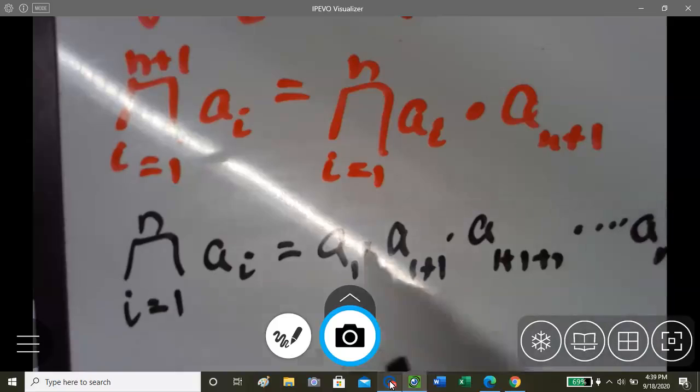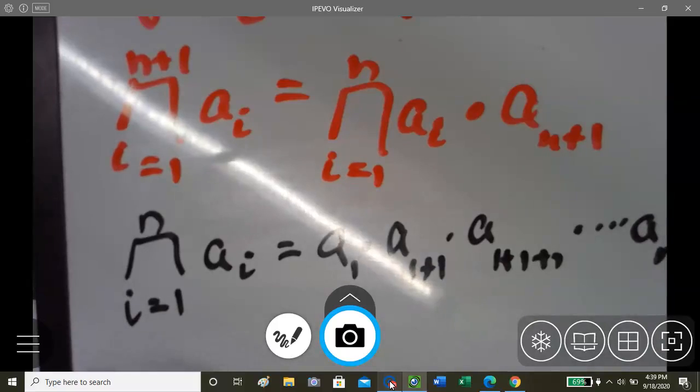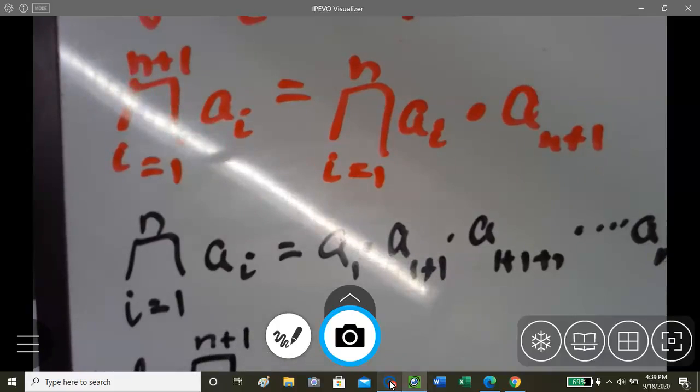Now we're looking at the product from i equals 1 to n plus 1 of a sub i.